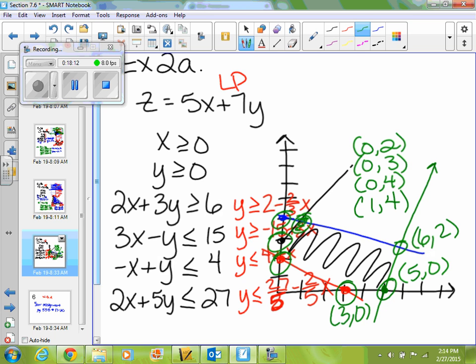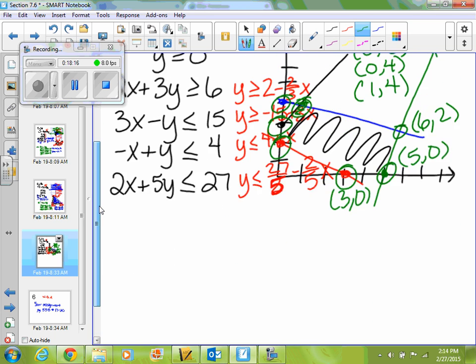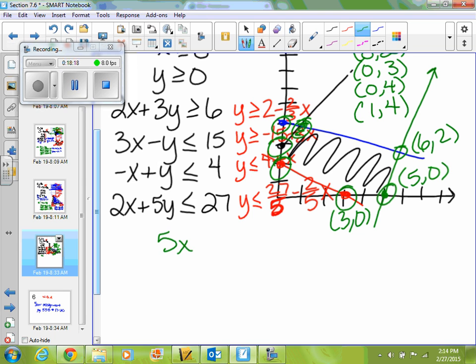Yep, and then we plug them into my 5x plus 7y. So 5x plus 7y is my constraint. So if I start with 0, 2, then I have 5 times 0 plus 7 times 2, which gives me 14.